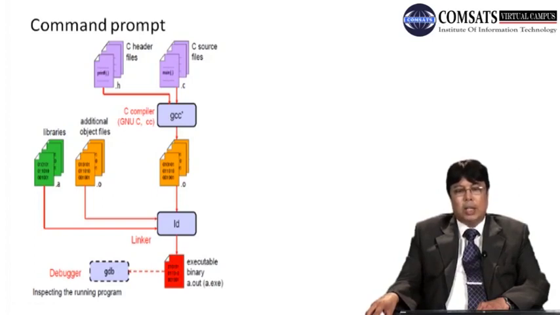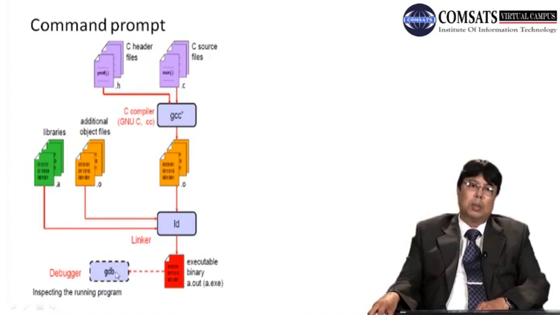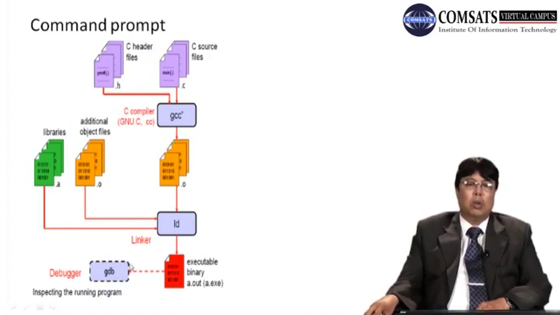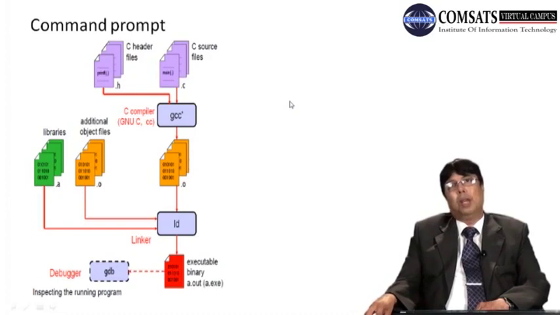We can execute directly on the command prompt, or we can take this executable to a debugger for debugging purposes. So this type of execution we perform if we are working in a command prompt environment.